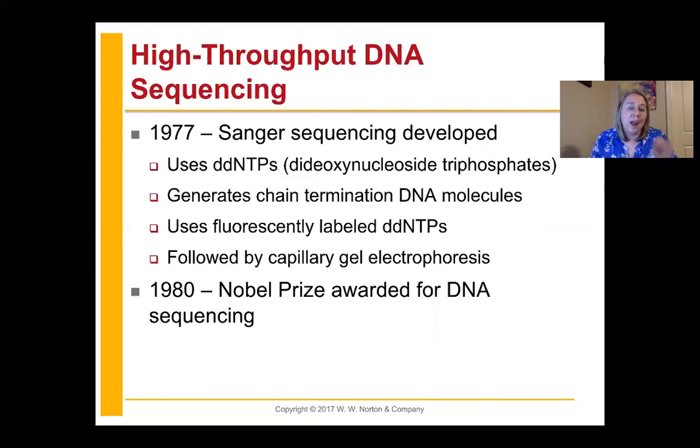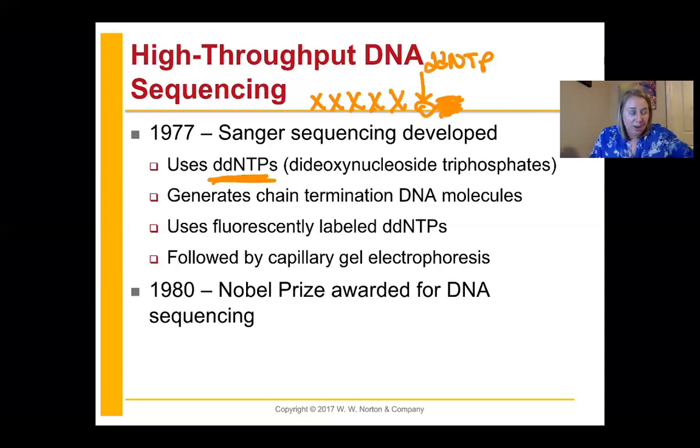And what happens with those is, if you have whatever sequence, I'm just going to use X's, A, T, T, C, C, G, whatever, when you insert this ddNTP, this dideoxynucleoside, what's going to happen is you can't add anything else after it. It won't work. And so the generation of this DNA strand stops.